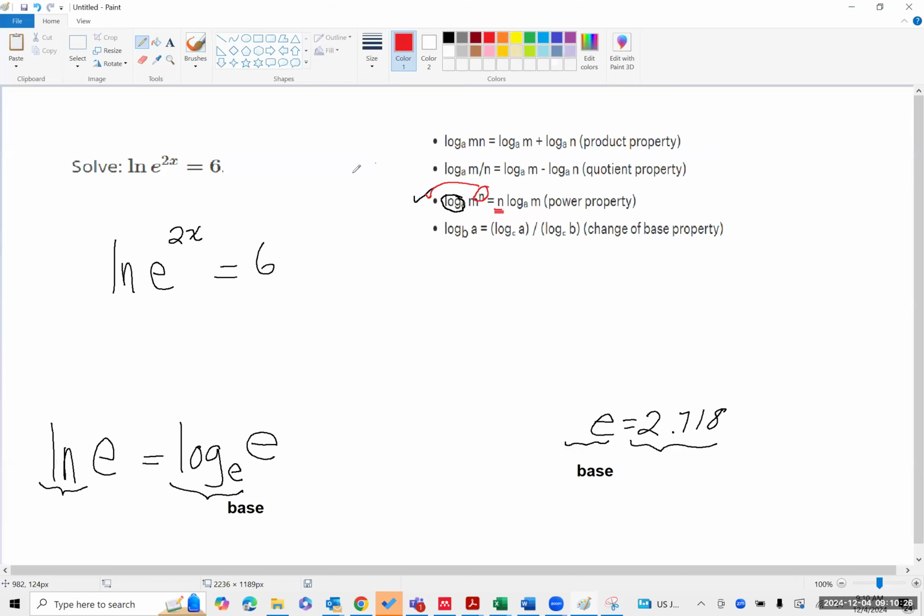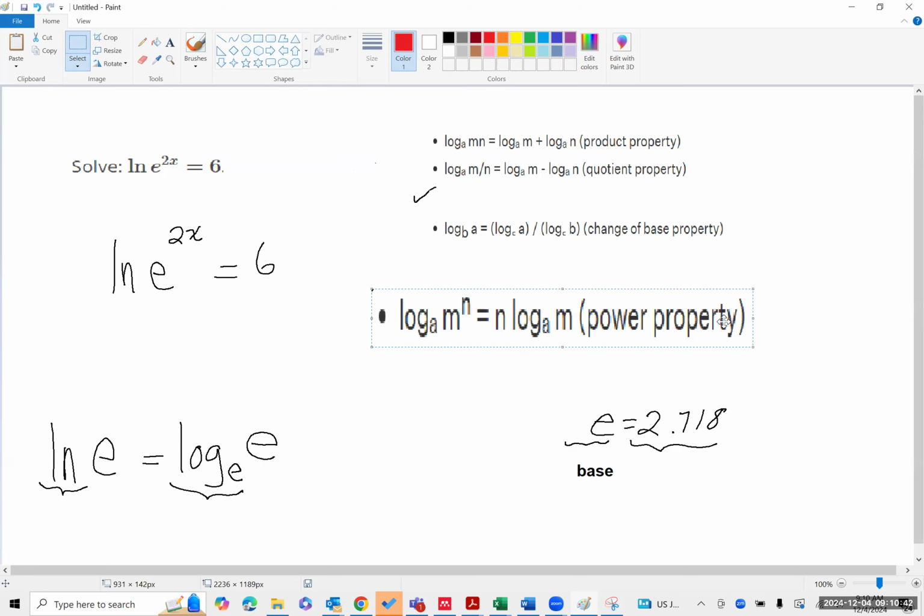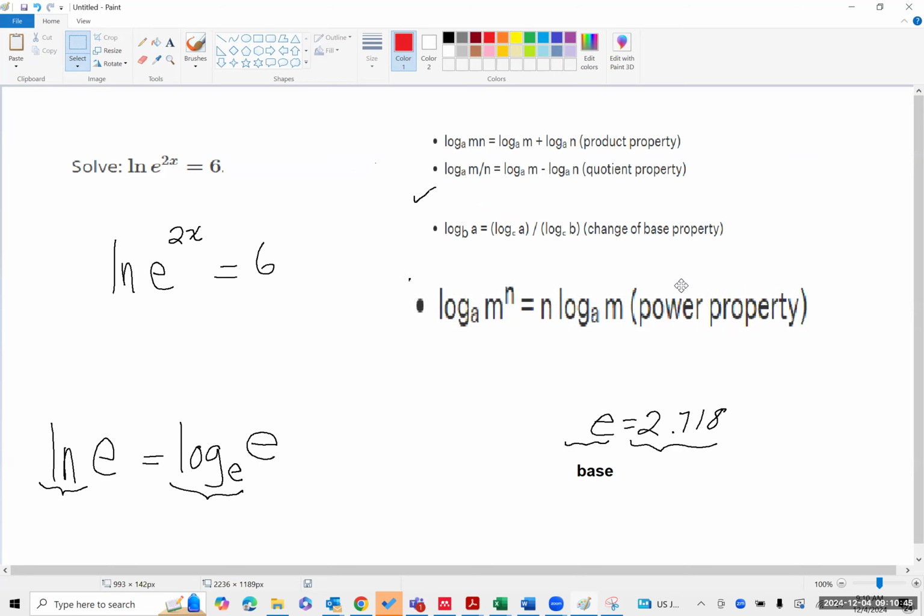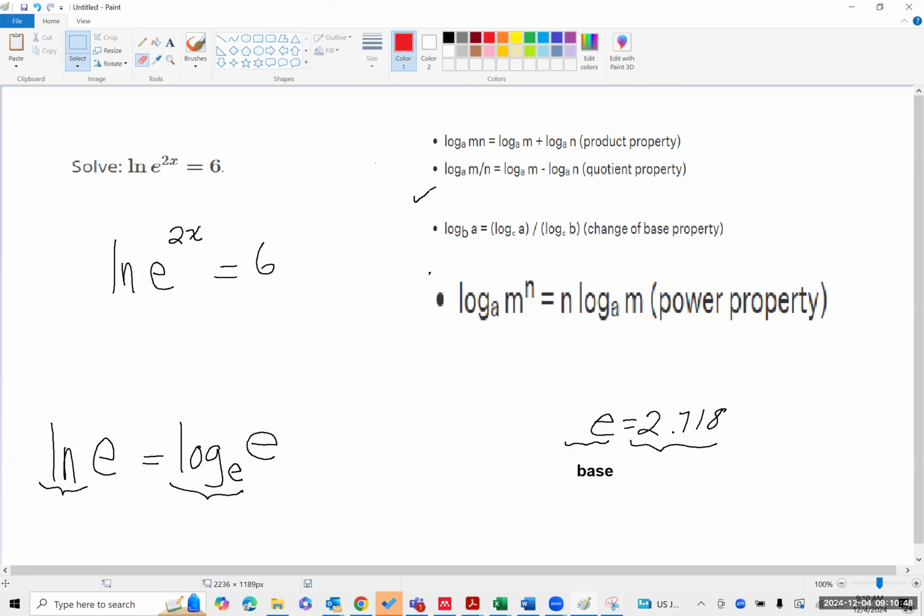So maybe we should copy this and enlarge it so that we know that that's the one that I think is going to drive our work here. And that's basically, again, you take the exponent and you move it to the front and it allows you to put it here.